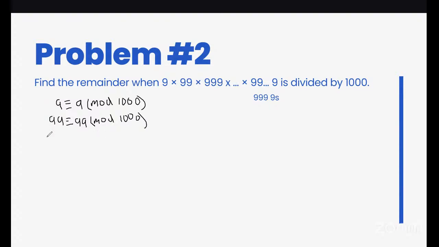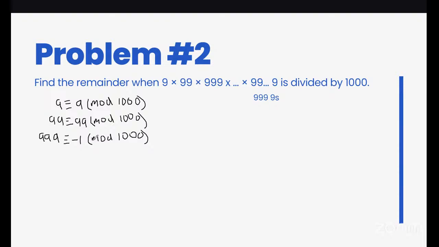But for the next one, you might think it would just be 999 because it doesn't divide evenly. But one way we can write it is as -1 mod 1,000. Because 1,000 minus 1 would get you 999.